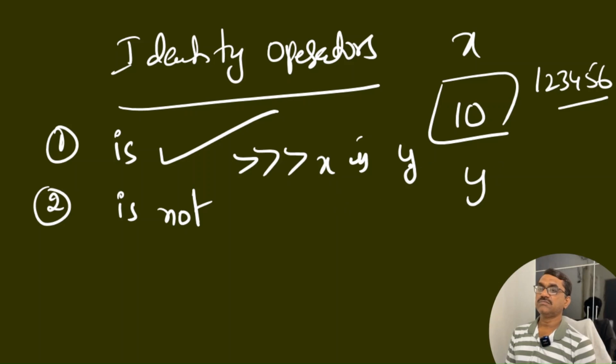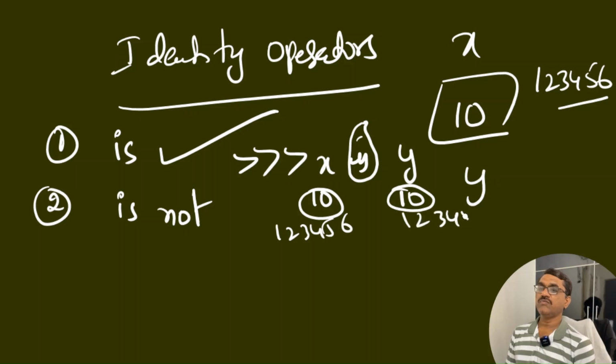Now, this operator is not going to compare the value of x, 10, and the value of y, 10. No, it is going to compare the IDs of x and y. What is the ID of x? 1, 2, 3, 4, 5, 6. y is also 1, 2, 3, 4, 5, 6. Now, is compares the IDs of x and y. How do we get the IDs? By using the function id.